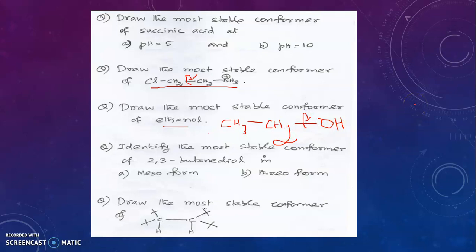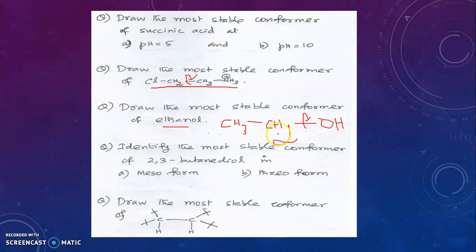If the alcohol is a simple alcohol, say methanol or ethanol, then rotation about the carbon-oxygen single bond will give you the most stable conformer. Free rotation about the carbon-carbon single bond does not provide you the most stable conformer, whereas free rotation about the carbon-oxygen single bond will. That's why I have taken this example, but you cannot take this for all molecules.